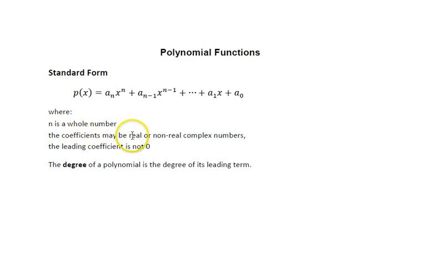The coefficients, the a sub n's, may be real or non-real complex numbers, and the leading coefficient here, a sub n, is not 0. The degree of a polynomial is the degree of its leading term. For this general standard form, the degree is n.